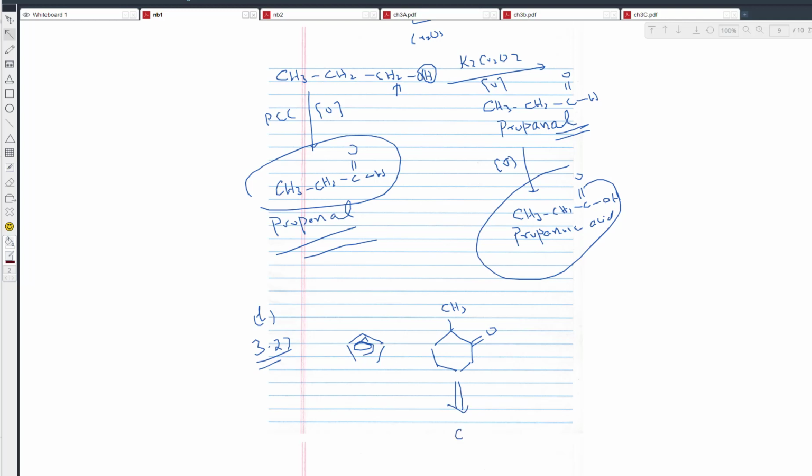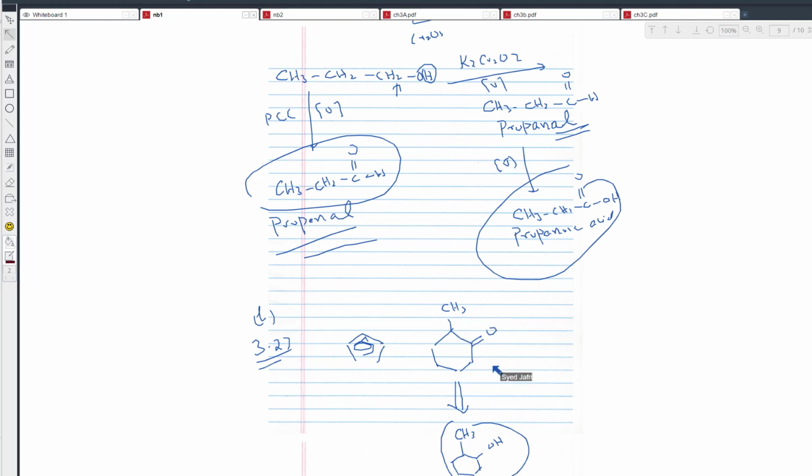So I'm going to make this one CH3 on the cyclohexane ring, and put OH here, because now I know this is a secondary alcohol. This is going to be the alcohol I need. If I oxidize it, I will get that ketone. What is the IUPAC name of this compound?